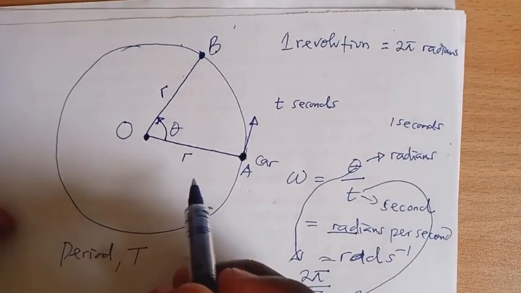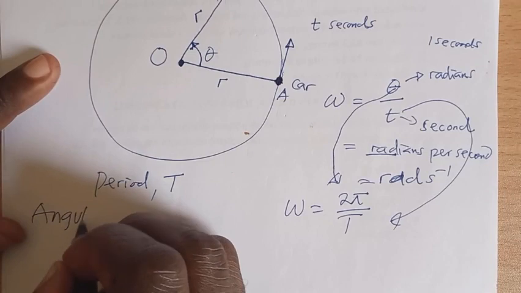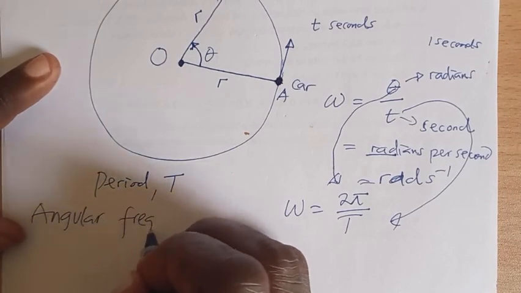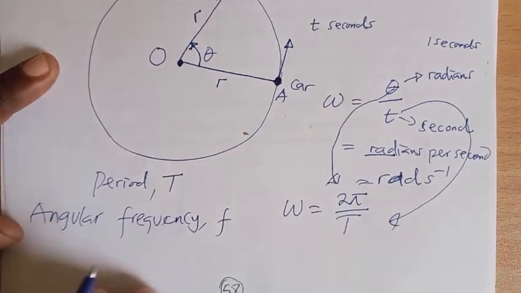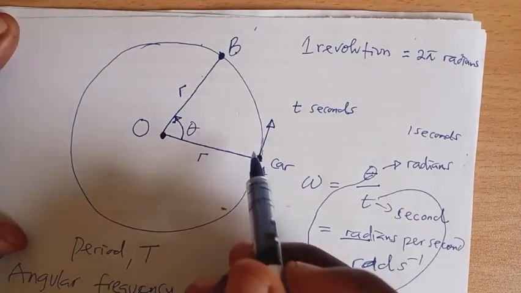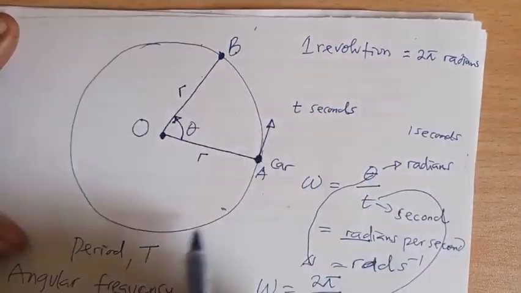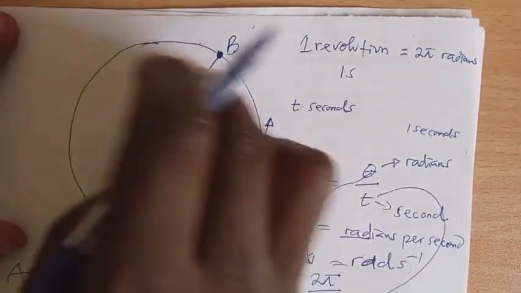Now, there is also what we call angular frequency. This angular frequency is denoted by small letter f and is the number of revolutions it has made in 1 second. How many revolutions in 1 second?